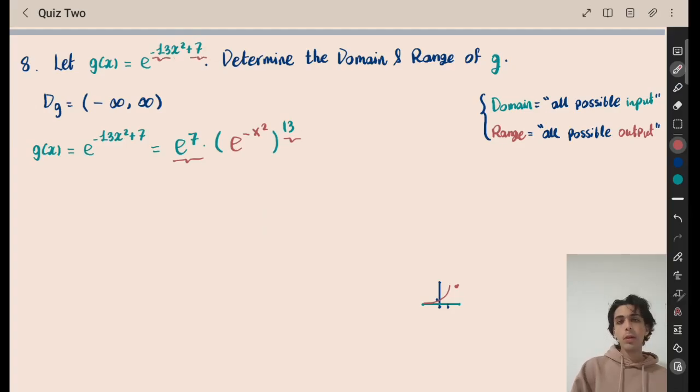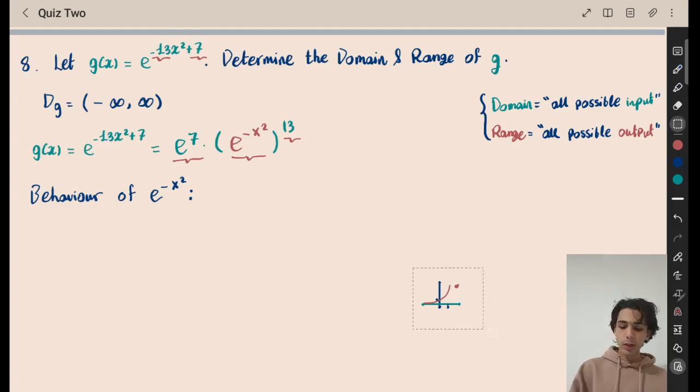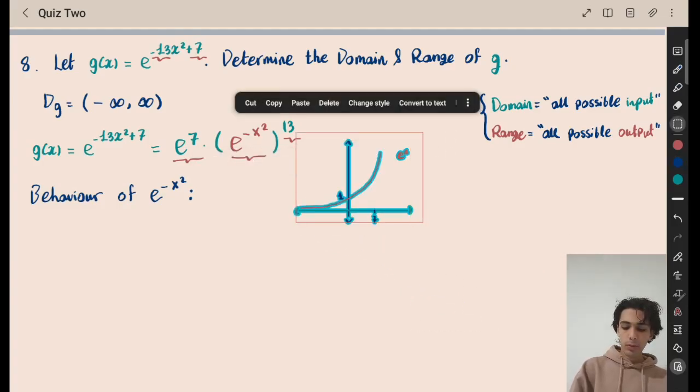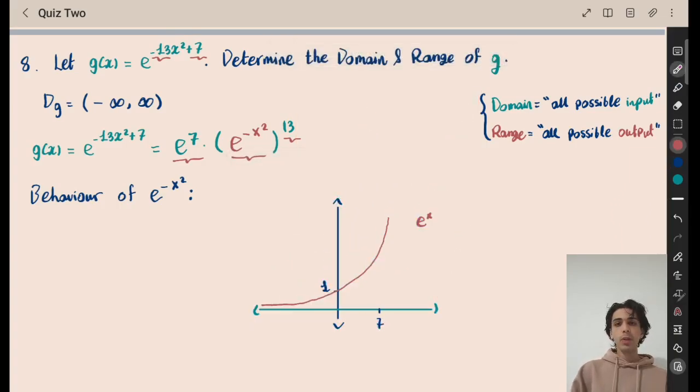It's just noise. But the main thing you should be focusing on is the pure function e to the minus x squared. And we would like to look at the behavior of e to the minus x squared. Now, going back to the graph, I would like to clarify a certain thing about e to the x.